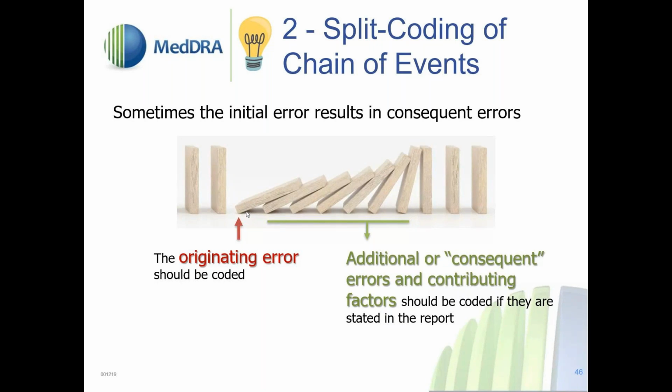So if a prescribing error for the wrong drug is reported that consequently resulted in the wrong drug being dispensed and administered, the full information should be coded by assigning LLT wrong drug prescribed plus LLT wrong drug dispensed plus LLT wrong drug administered to capture these consequent errors.